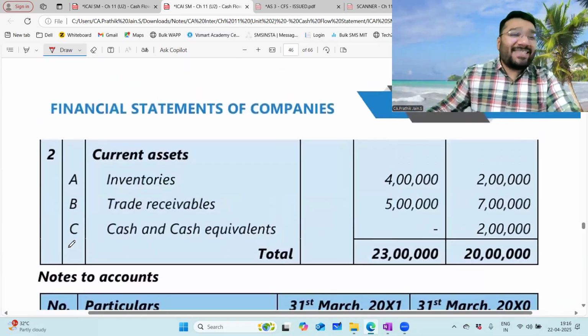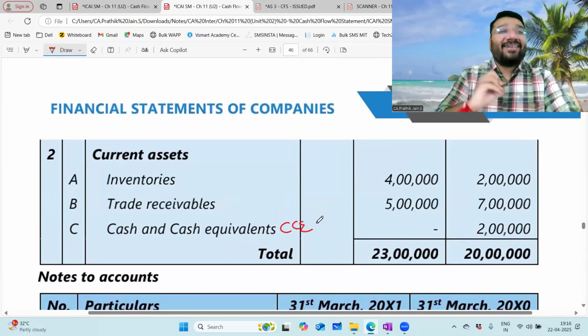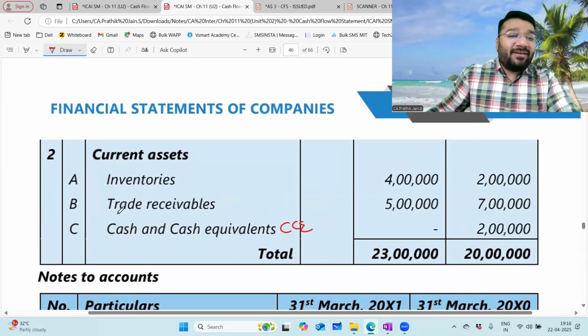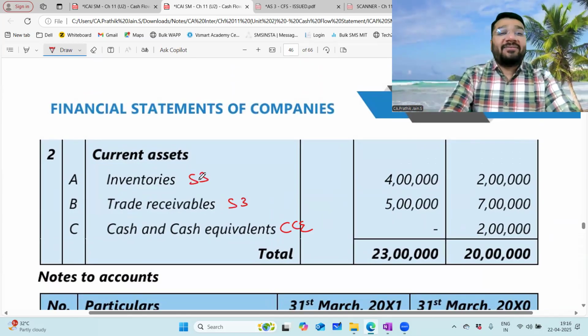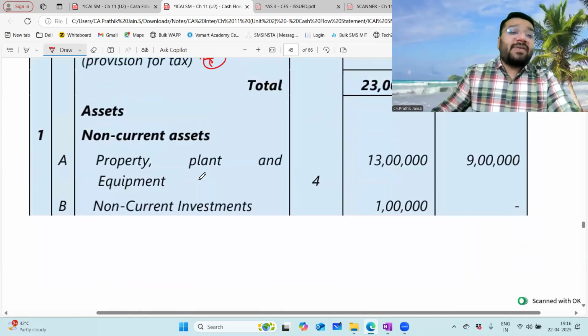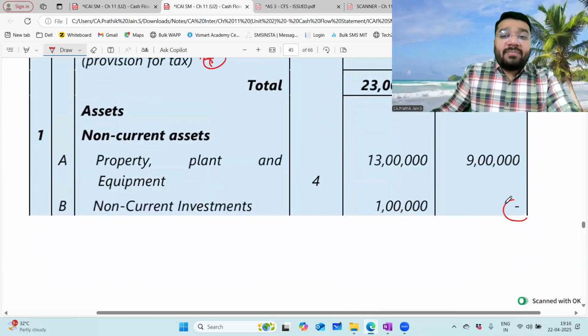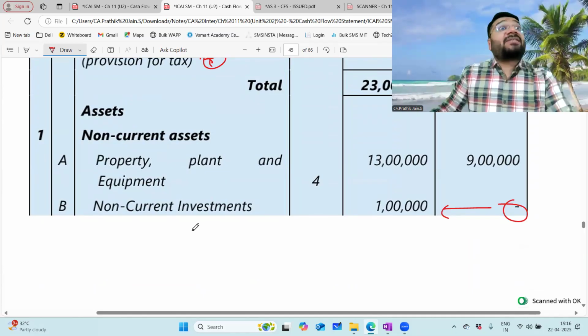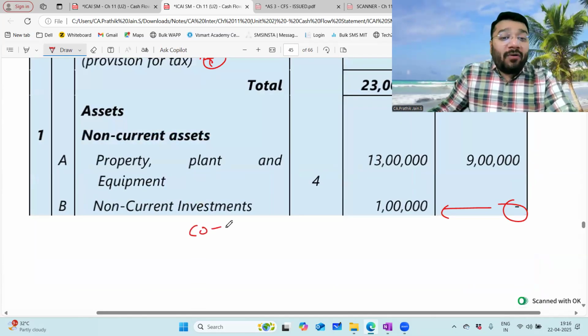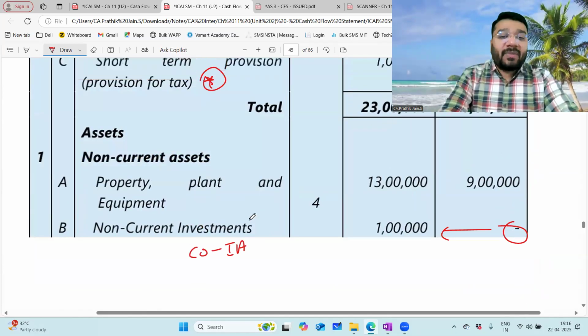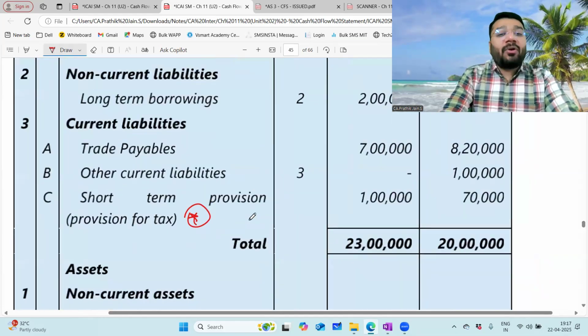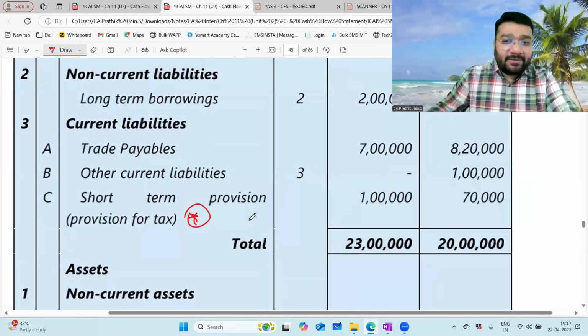Now, cash and cash equivalent only. Trade receivable, segment 3. Inventories, segment 3. Non-current investment, no note number is given. From 0, it became 1 lakh. You have invested money: cash outflow of investing activity. Property, plant, equipment taken care of. Short-term provision, I put a star mark. We'll open the ledger to decide.